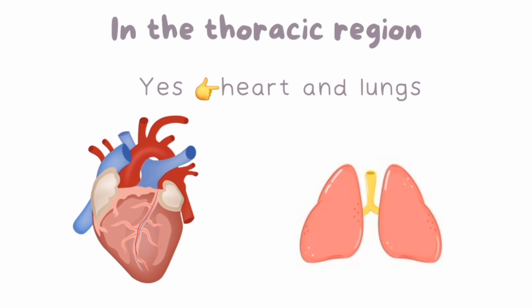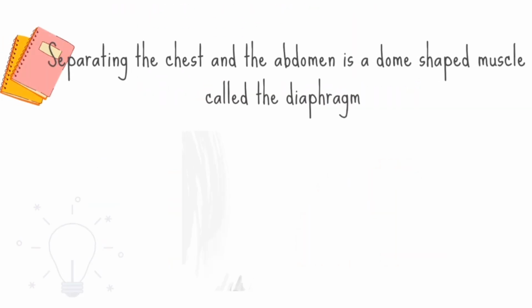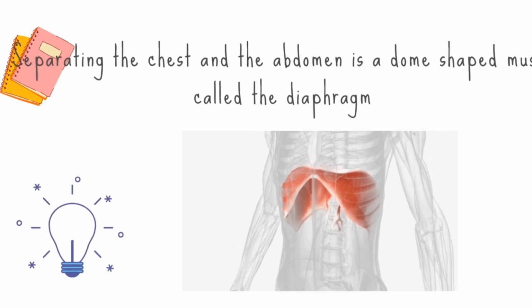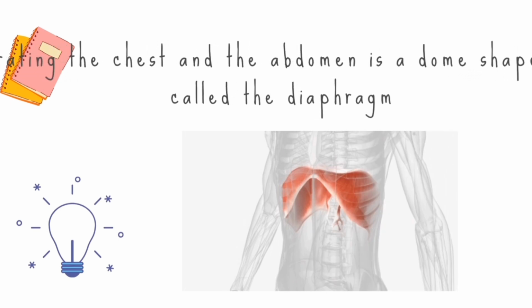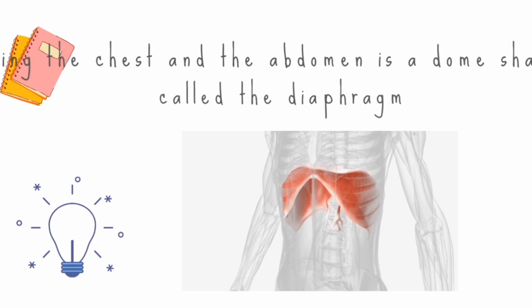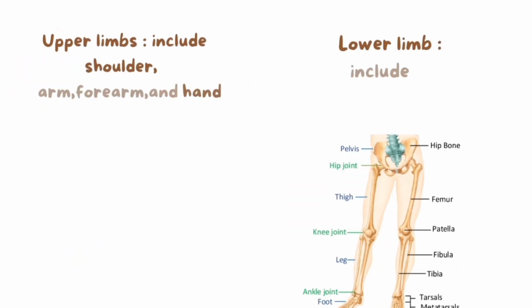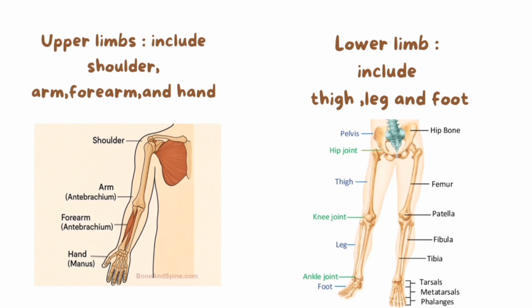These are two of the most vital organs in the human body. Separating the chest and the abdomen is a dome-shaped muscle called the diaphragm. Below the diaphragm is the abdominal region and further below lies the pelvic region. We also have the upper limbs, which include the shoulder, arm, forearm and hand, and the lower limb, which includes thigh, leg and foot.